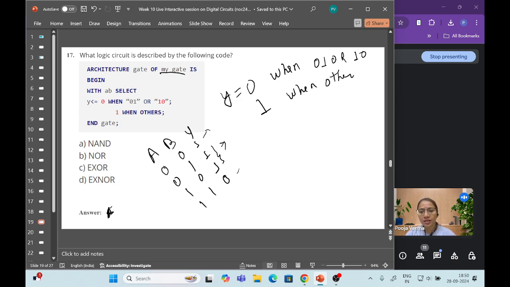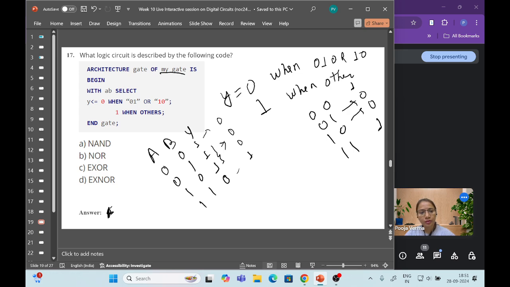Similarly, for the NOR gate, the output is the opposite of OR gate, 1 0 0 0. That is also not correct because they have asked that when the inputs are 0 1 or 1 0 the output is 0, and when the inputs are the same, the output is 1.